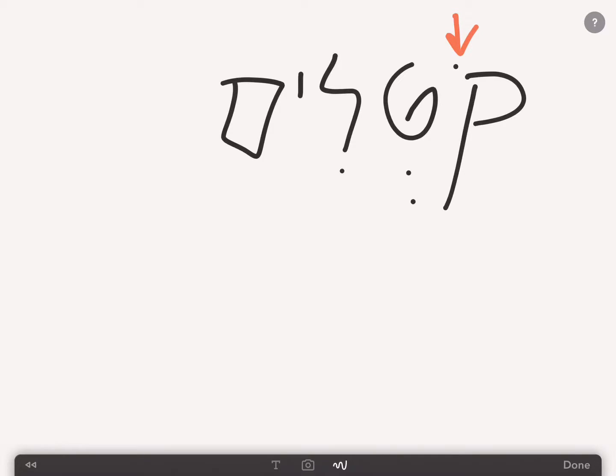In this case, we have a long holem. If you remember the vowel chart, this holem was a long vowel. It's a non-historic long vowel, but it is a long vowel. If that schwa is preceded by a long vowel, then that schwa is vocal. Okay, so fairly simple there.